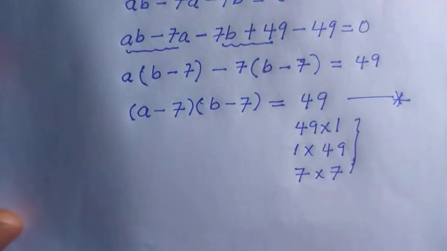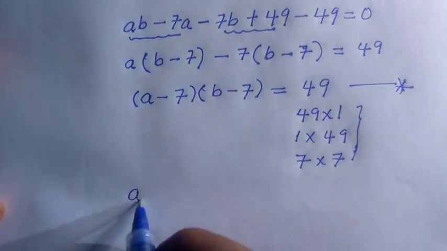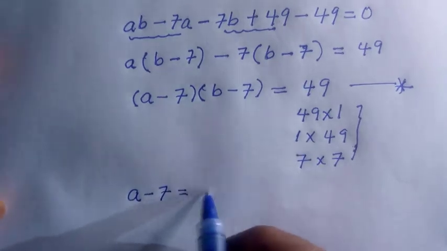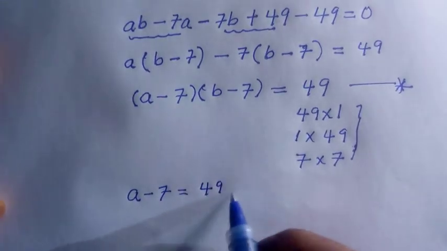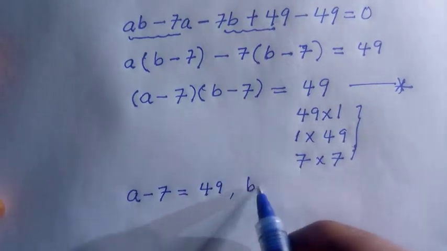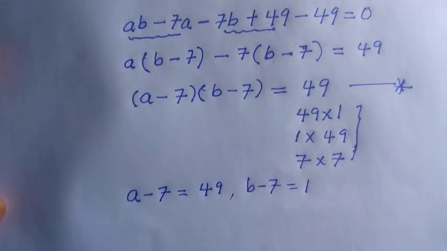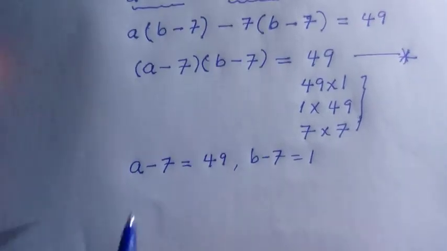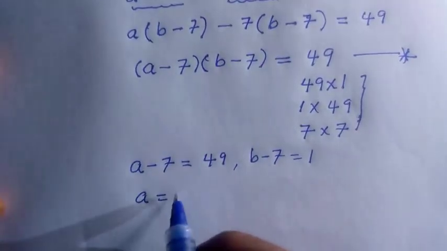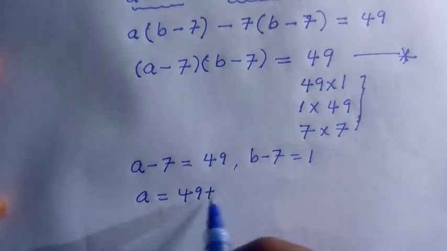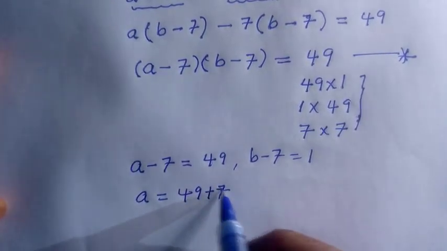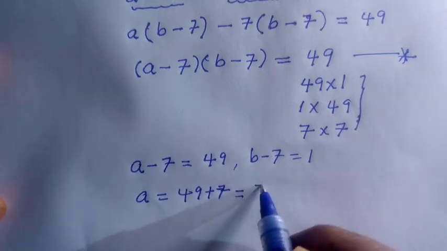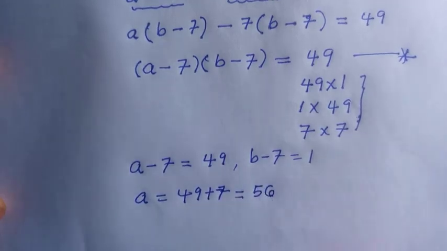For the first case, we have a minus 7 equals 49, then we have b minus 7 equals 1. By solving the first one, we have a equals 49 plus 7, and 49 plus 7 gives us 56.